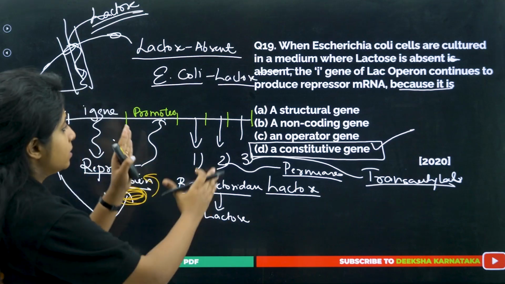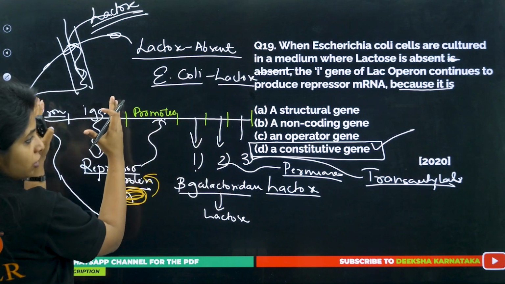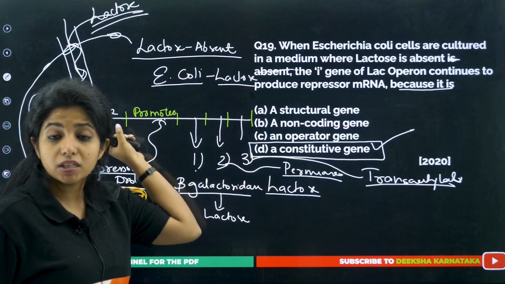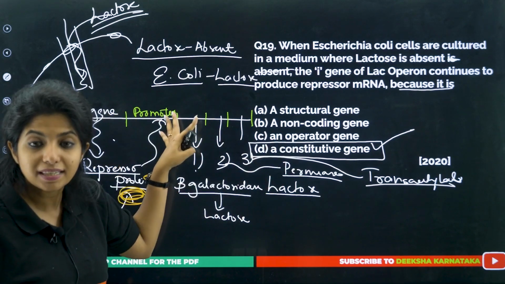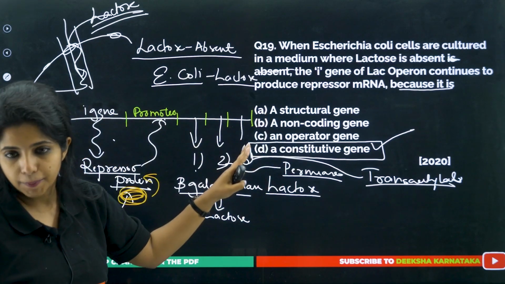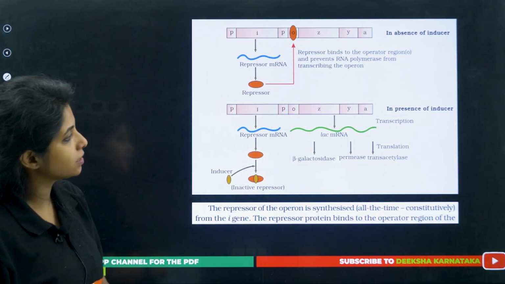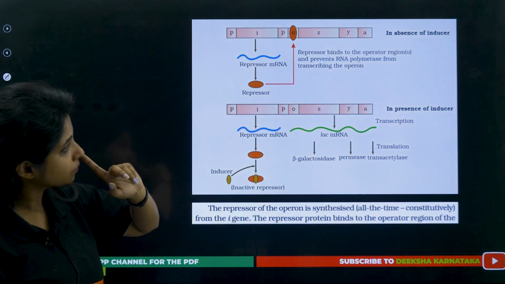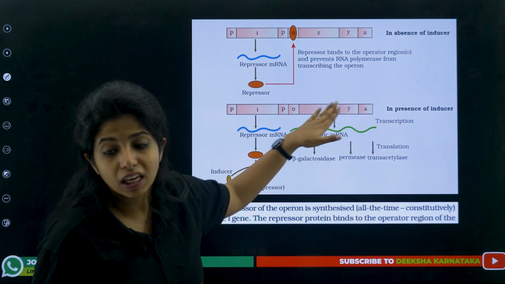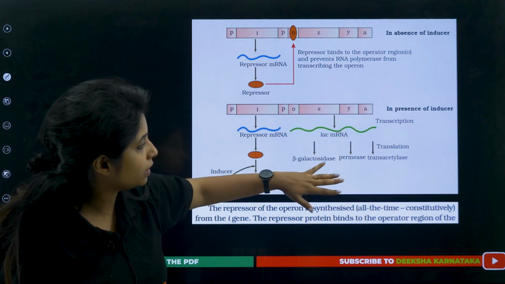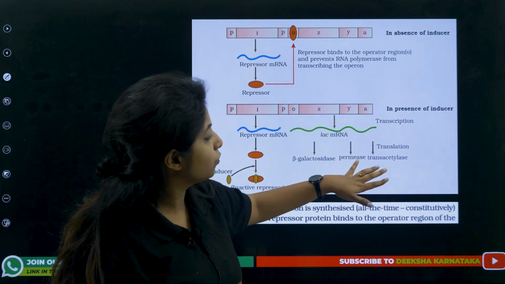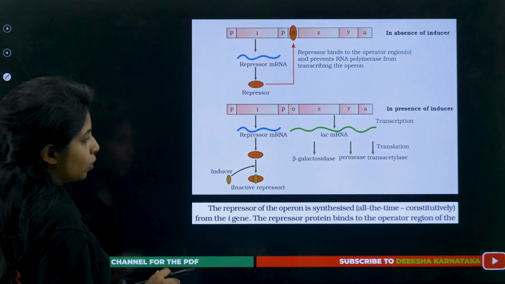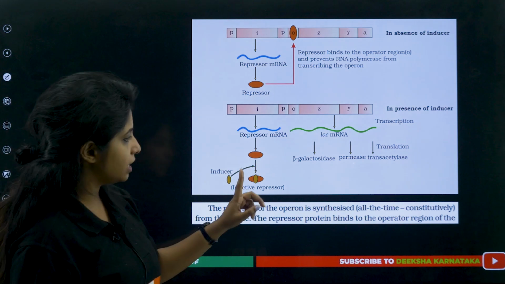It's a structural gene. This is a structural gene, this is also a structural gene, but over here I call the I gene a constitutive gene because it is continuously showing its function of repressing. Now, if you do not believe me, this is something from your NCERT. This is the picture that is given over here. Z, Y, A are the names of the genes. Z codes for beta galactosidase, Y for permease, and transacetylase is A. Now over here I told you the I gene is there.